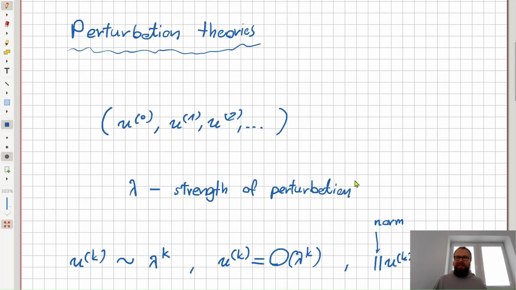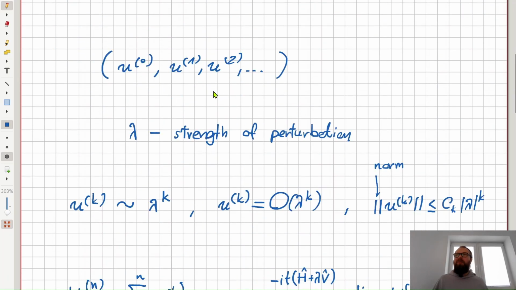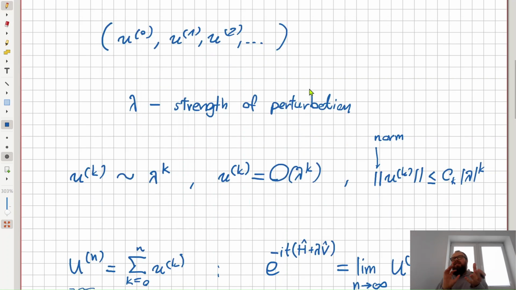So you have your procedure for generating terms. It can be drawing diagrams, it can be whatever. There are many ways to do it. And this procedure is not always, but often, some kind of iterative equation. Maybe you generate a first order term, then there is some way to build out of it the second order term, and then from first and second you do something and you get the third term, and so on.